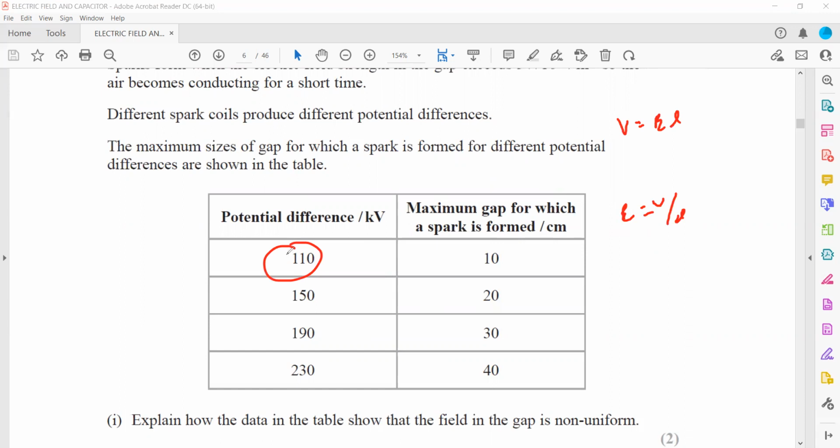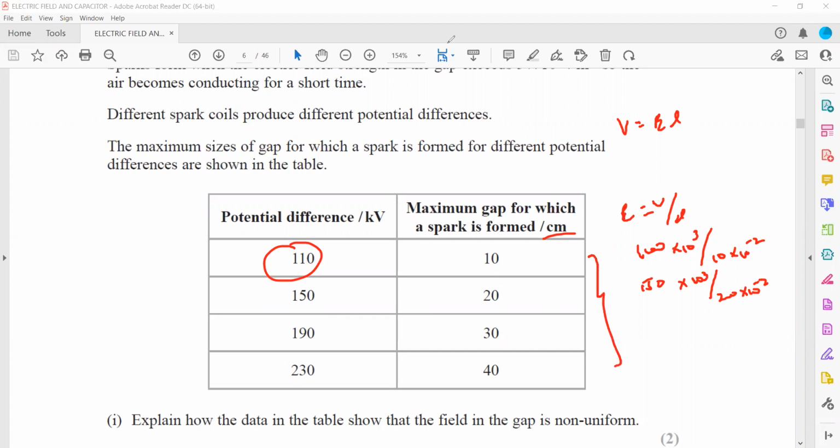When we divide 110 kilovolts by 10 centimeters, and then divide 150 kilovolts by 20 centimeters, all these answers won't be the same. It will give a different value.